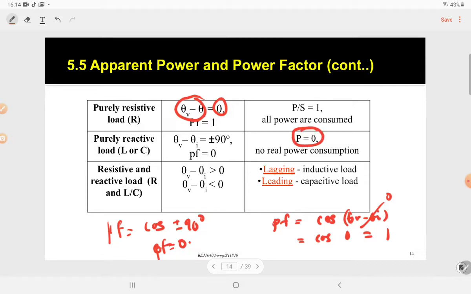That means there is no real power consumption.